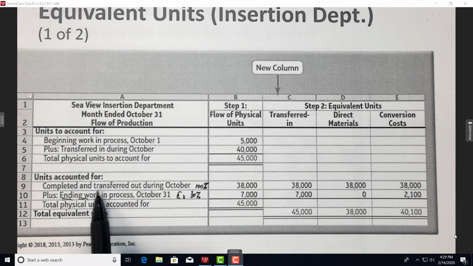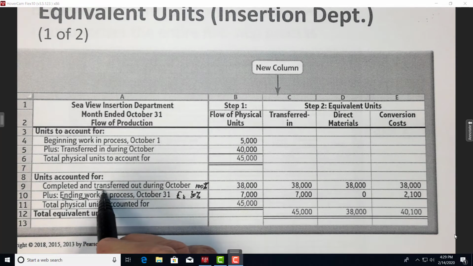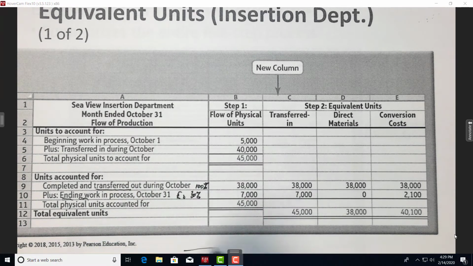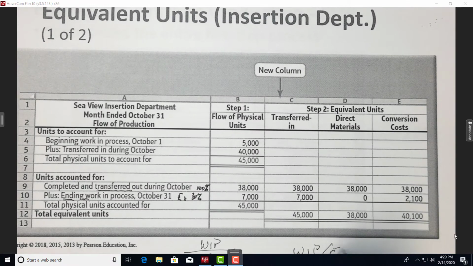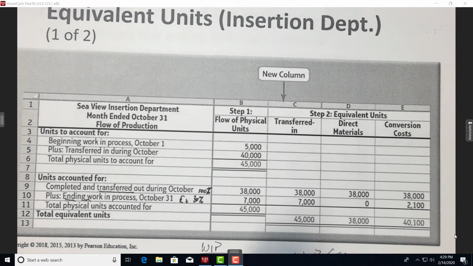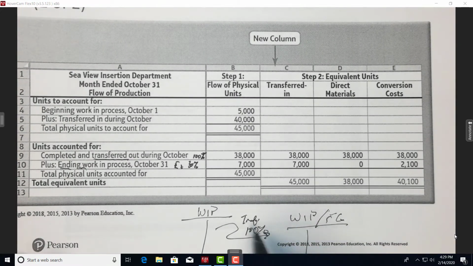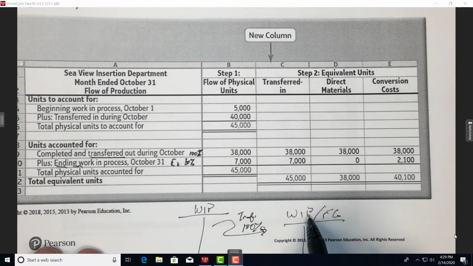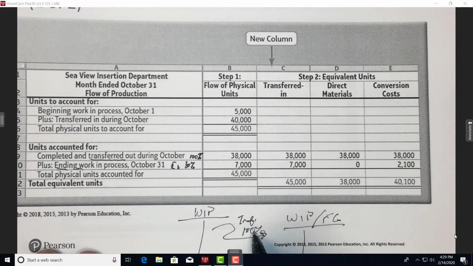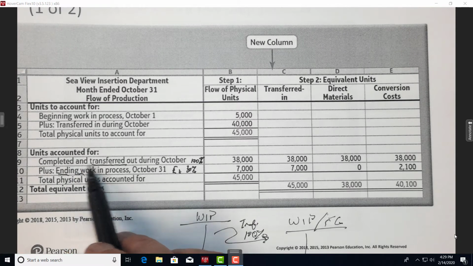When it says transferred out, it means it's going out of the work in process, transferring into another work in process or finished goods. It really doesn't matter. But when it transfers, it's 100% done. That's when it says complete and transferred out.